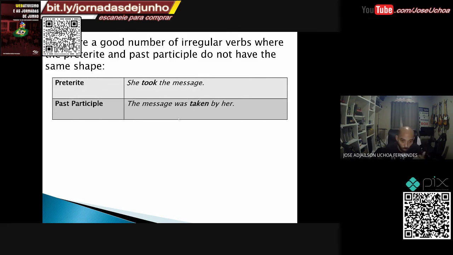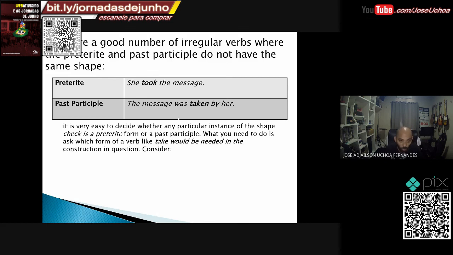Example, took. She took; the message was taken by her. Nesse caso, eu tenho different shapes for the preterite and the past participle. Okay? And it's very easy to decide whether any particular instance of the shape check is a preterite form or a past participle.